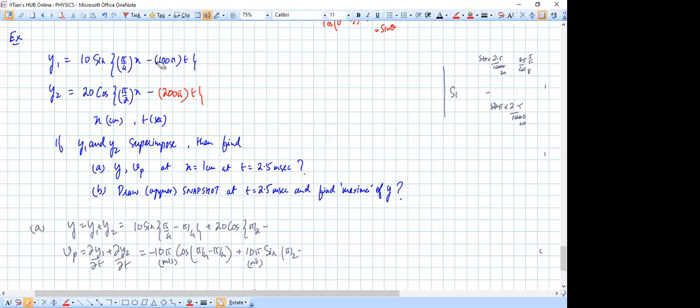So if this term is 0 now, this term also has to come 0. Okay. So y will just come as 20 and particle velocity will just come as minus 10 pi.